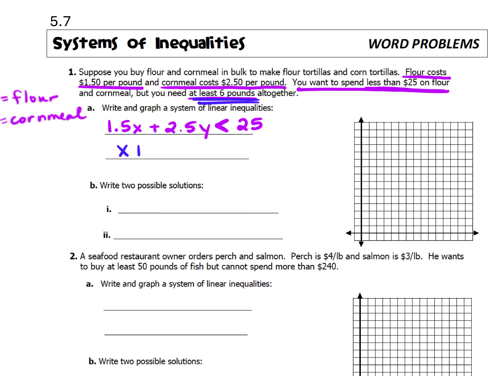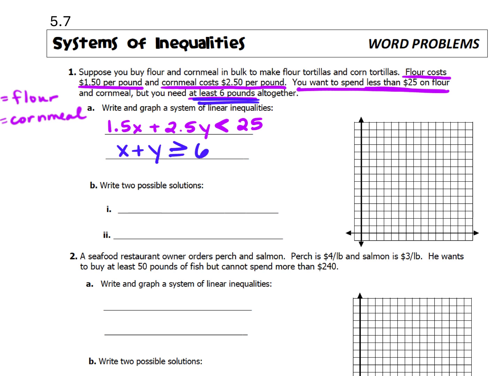X plus y. So flour plus cornmeal has to be greater than or equal to, because it says at least 6 pounds. So could it be 6 pounds? Yes. So greater than or equal to 6.